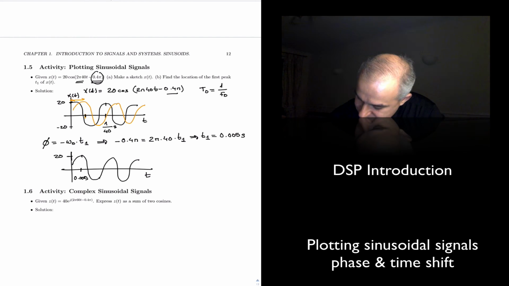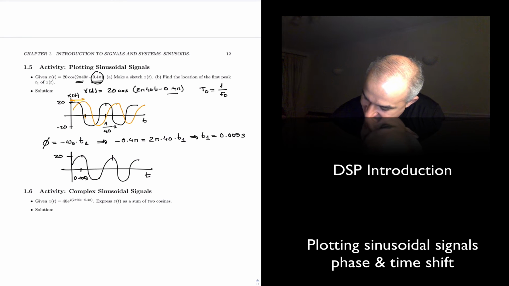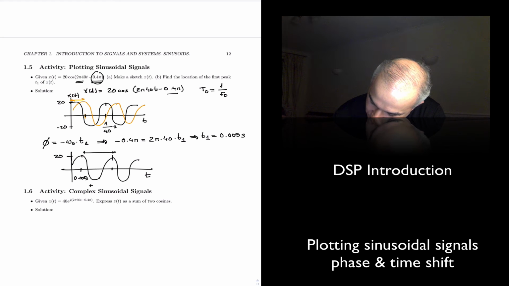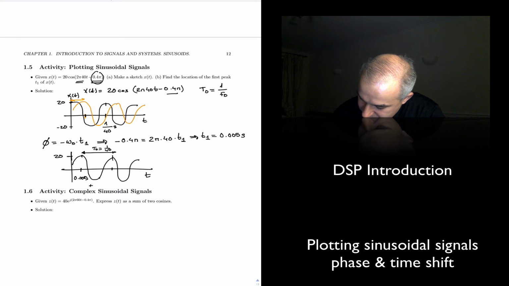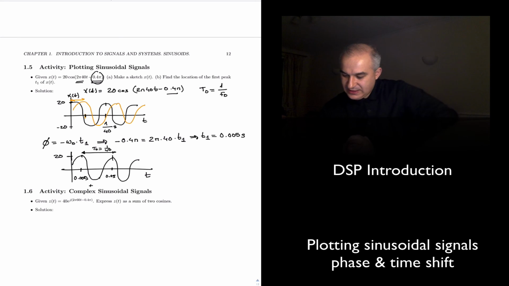And then that plus 1 over 40 will give us the location of the second peak, which determines this period. So 1 over 40 plus 0.005, or what is 0.03, just double checking it, doing this mentally. And we have a sketch.